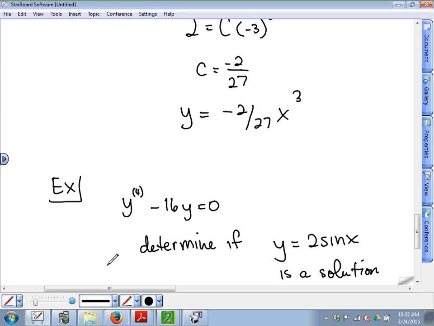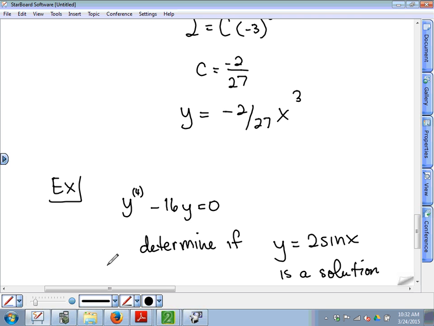Is that what we're going to need for the AP test? Yes, you've got to get used to showing your work. It equals 2 sine of x.